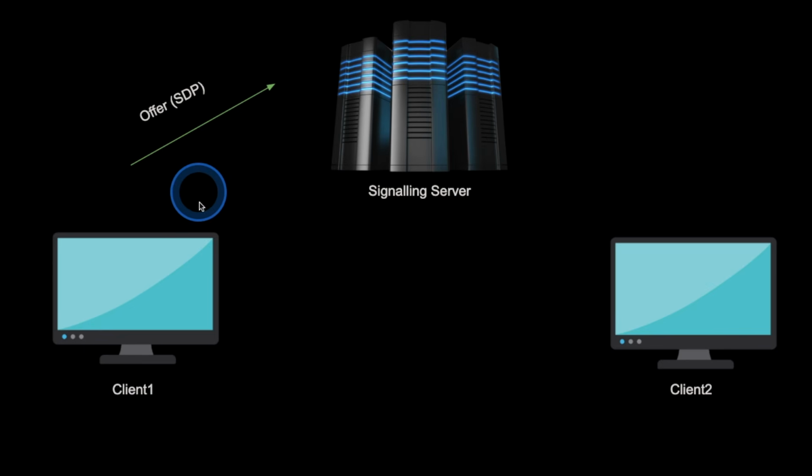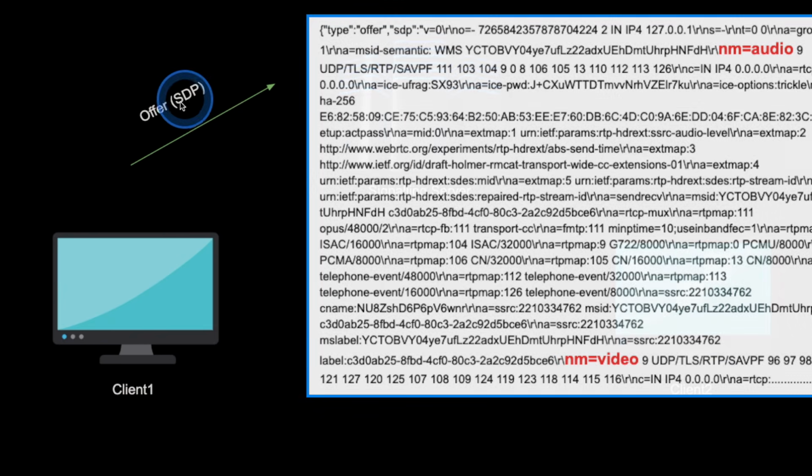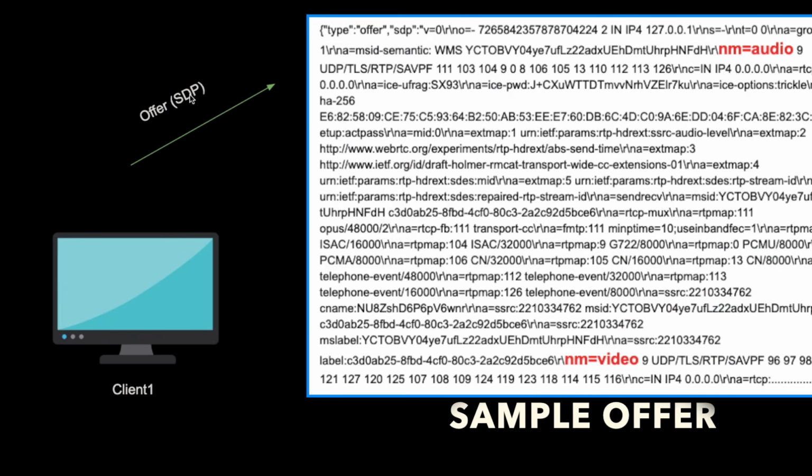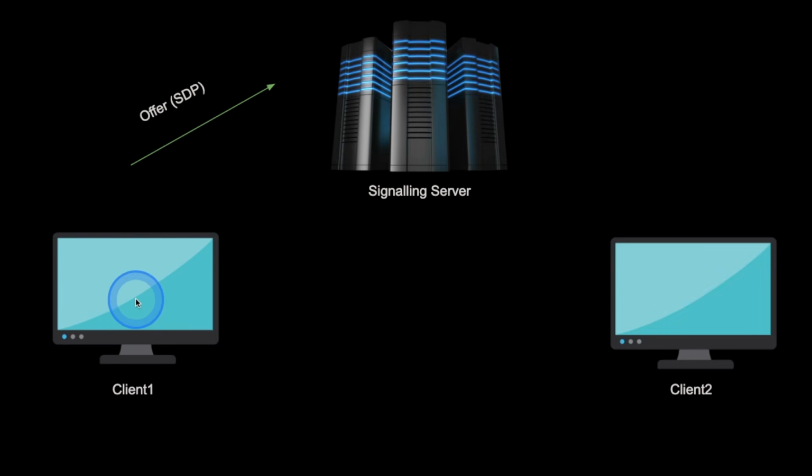So this offer object is going to have something called an SDP in it, and SDP stands for Session Description Protocol, and the SDP is basically the media configuration of the client. Media configuration like does this client want to send the video or the audio or both, and many other things like that.